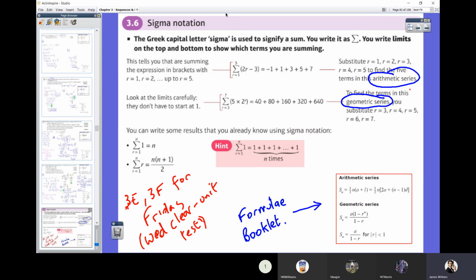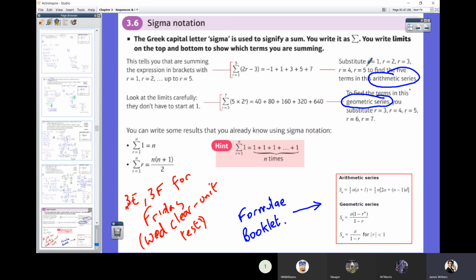Okay, so sigma notation. Some of you may have come across this in your travels, or maybe not. The sigma simply means the sum of. If we take this first one here, it's the summation of what you get when you substitute all the way in from r equals 1 up until r equals 5.